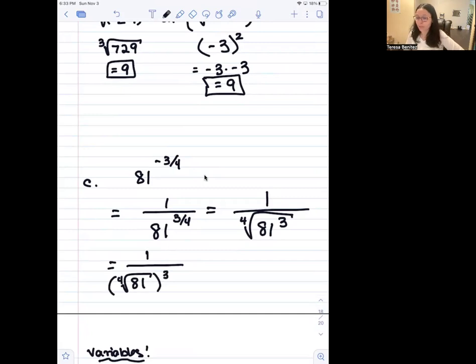So a number multiplied by itself 4 times equals 81. 3 makes that true. 3 times 3 is 9, times 3 is 27, times 3 is 81. So here I have 1 divided by 3 to the power of 3. And on my notes, I wrote 1/9. That is not right. My apologies. This is 1 divided by 27. Okay?